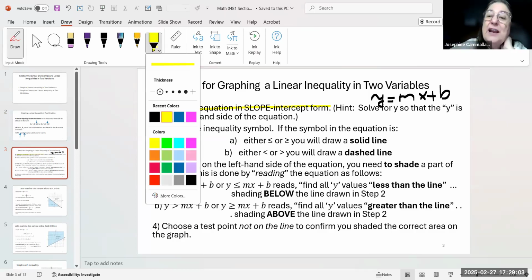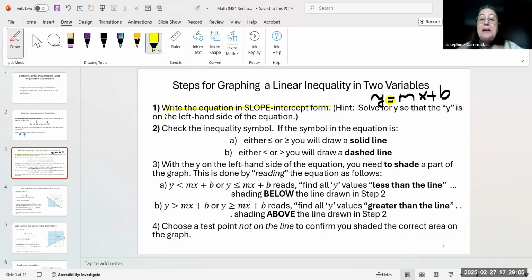And you'll notice that I'm using the equal sign because that is going to give us the line or the dividing part of our graph. But you have to draw the line first.